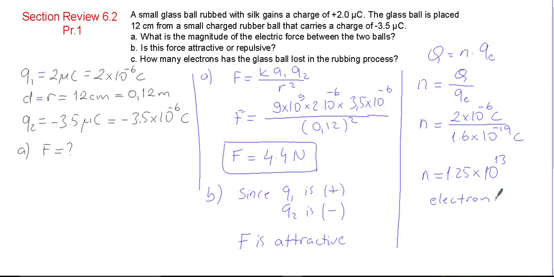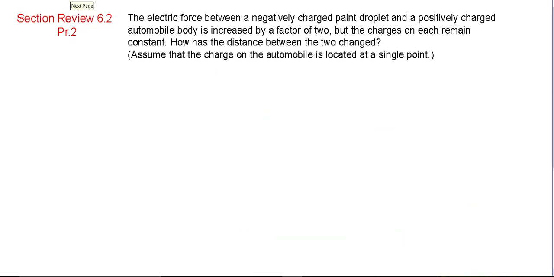Okay, let's pass to another question. The electric force, section review 62 and problem 2. The electric force between a negatively charged paint droplet and a positively charged automobile body is increased by a factor of 2, but the charges on each remain constant.